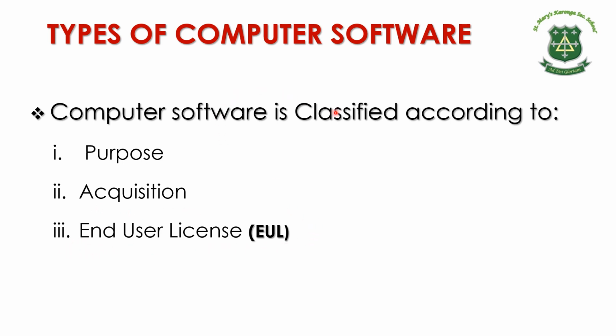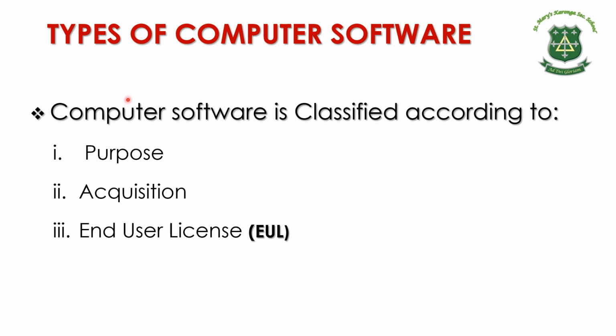All the computer software that is there is classified into these. Remember, we have been looking at classes. When we talk of computers, basically we talk of classifying things according to how they work, how they appear, and many more. But here we are classifying computer software according to purpose, acquisition, and end user license.